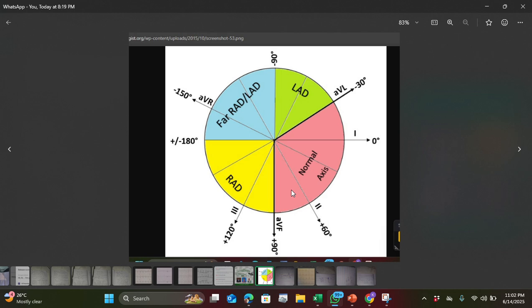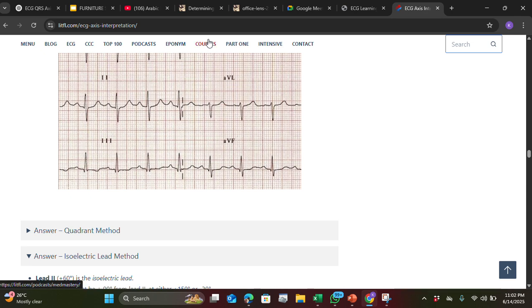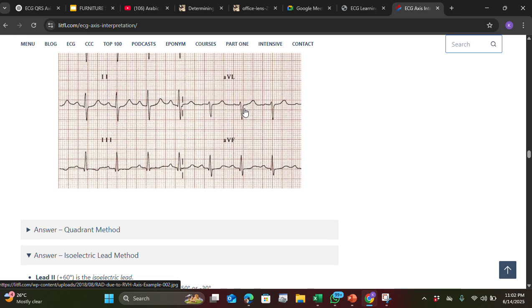Is there minus 30? There is minus 30, which is AVL. Now go back to our graph: is AVL positive? AVL is negative. Since AVL is negative on the graph, our answer is plus 150 degrees, because we're actually dealing more with the values.